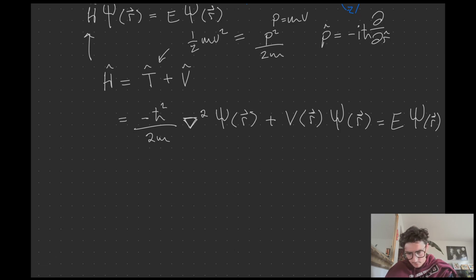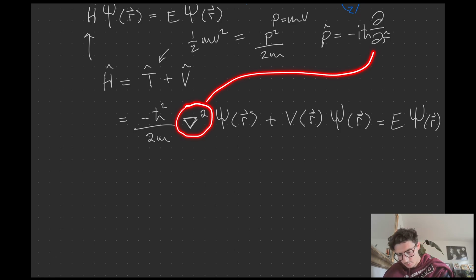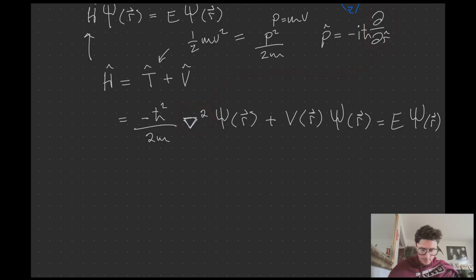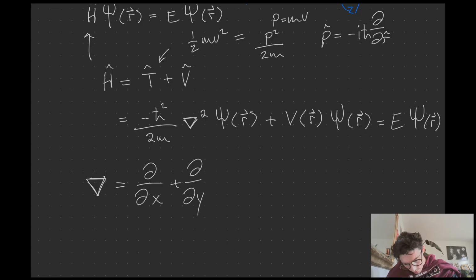Well, this thing right here is the position derivative operator coming from the momentum, right? And in 3 dimensions, what this thing looks like, just a single one of these, is partial x plus partial y plus partial z, right?